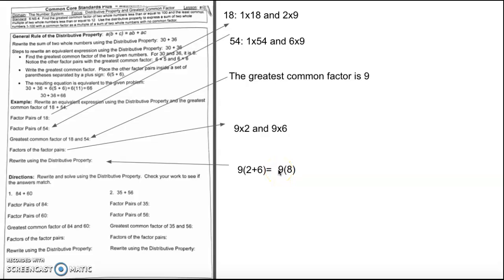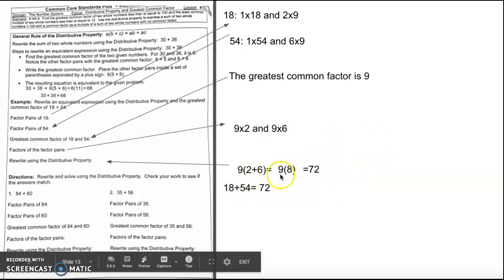So when we see a number outside of a parentheses, that tells us that we're going to multiply. So this right here means we're multiplying. So 9 times 8 is 72. And now just to double check, I'm going to add together our two numbers, which are 18 and 54. And 18 plus 54 is 72.